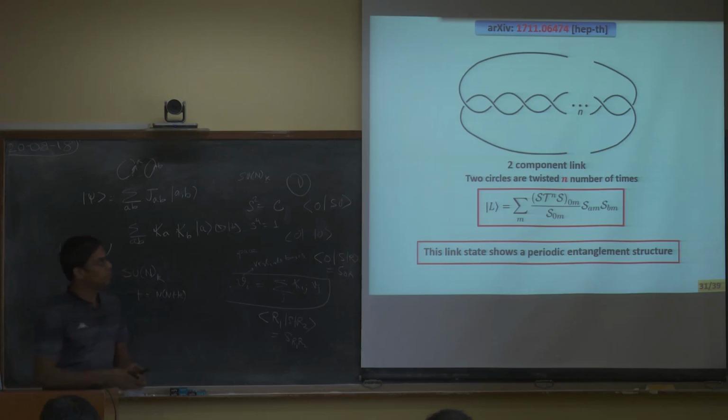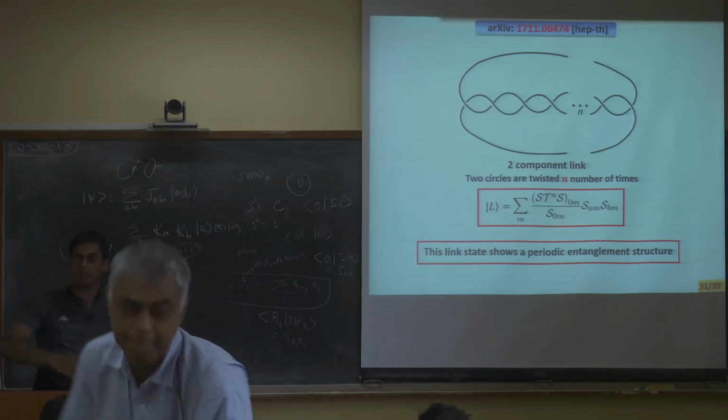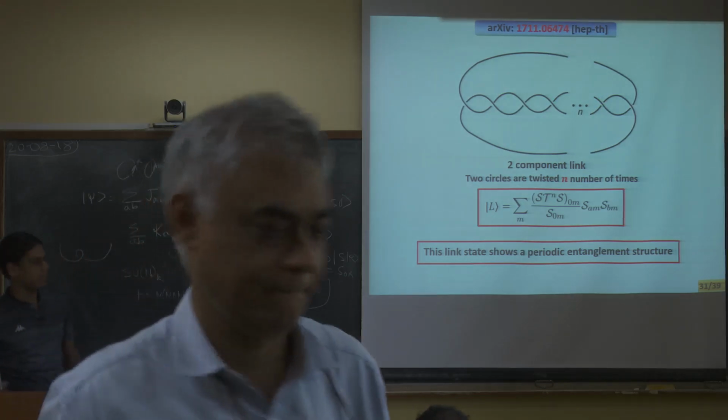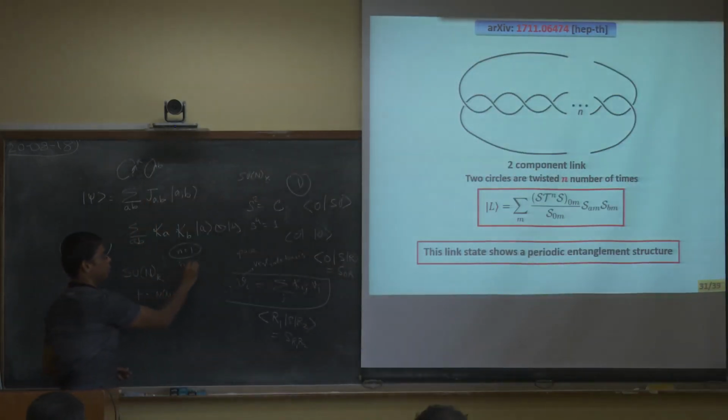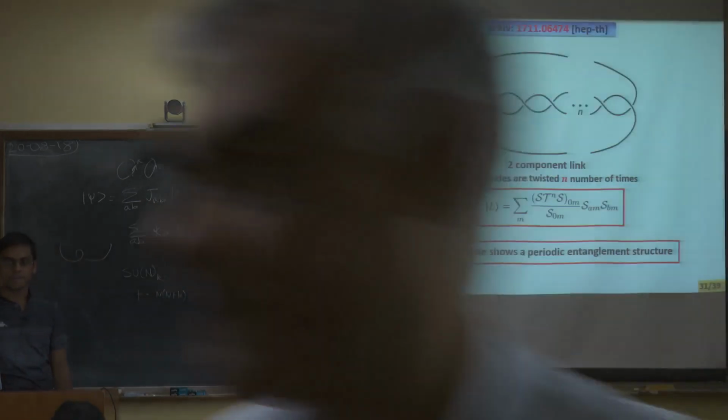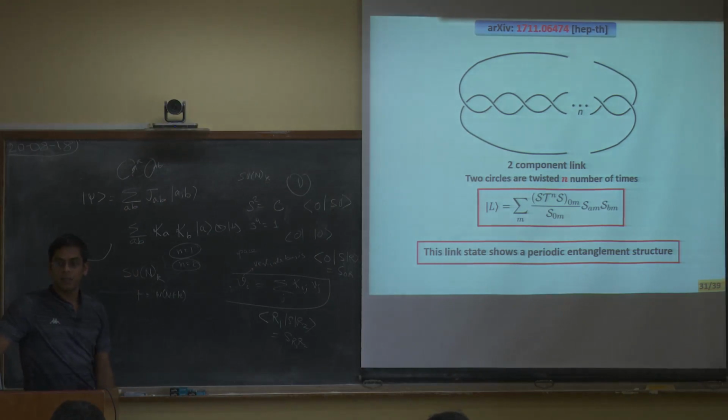In order to compute entropy, you first have to fix n. For example, the Hopf link is n equal to 1. For this, you can compute the entropy and take the k goes to infinity limit. Then you can compute for n equal to 2, compute the entropy and take the k goes to infinity limit. In the k goes to infinity limit, the first one goes like log k.